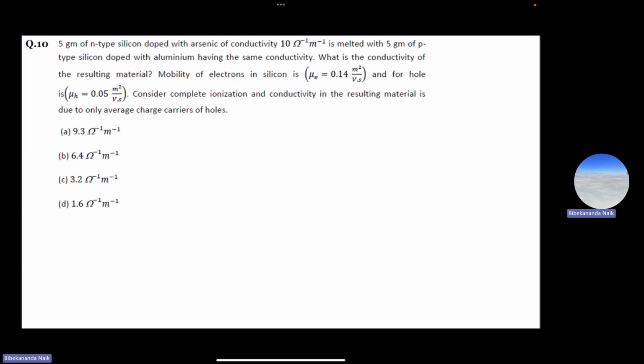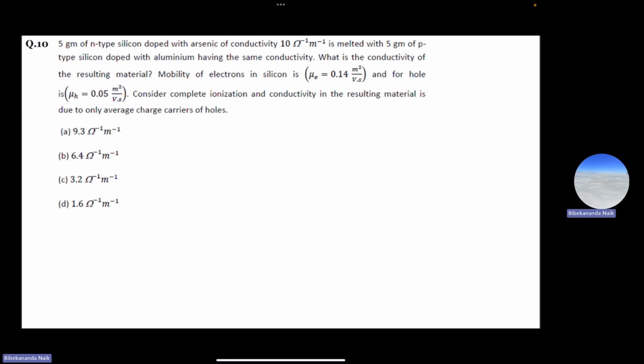So question number 10. The question says 5 gram of N-type silicon doped with arsenic, conductivity 10 ohm inverse meter inverse, is melted with 5 gram of P-type silicon doped with aluminum having the same conductivity.